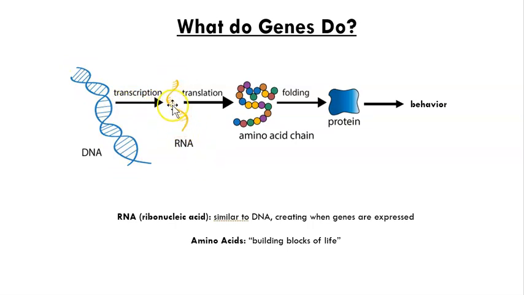And then from RNA, the body can read the information of the genes and use translation to turn it into amino acid chains. And an amino acid chain is pretty much just an unfolded protein. So it's a really long chain, and then when you fold that up, it creates a protein. And different proteins will lead to different behaviors.